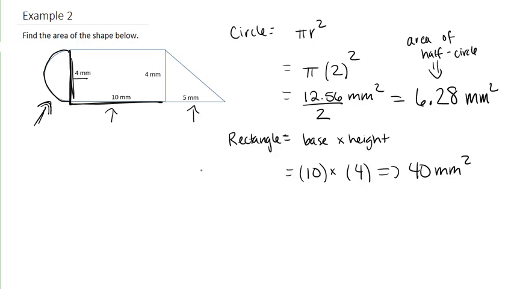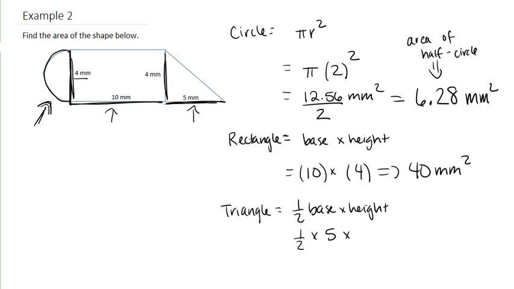Next, let's find the area of a triangle, which is equal to 1/2 base times the height. So we have 1/2. Now our base here for this triangle is 5, and our height is 4.